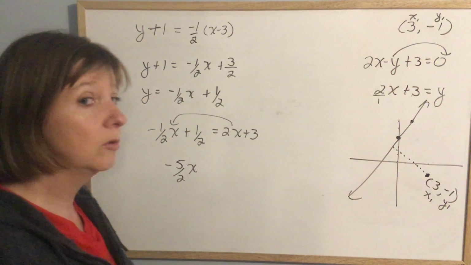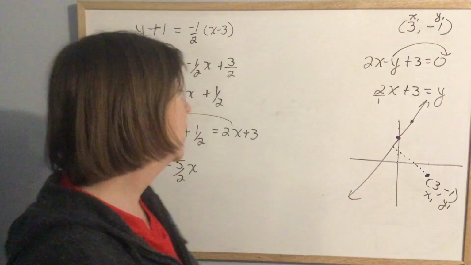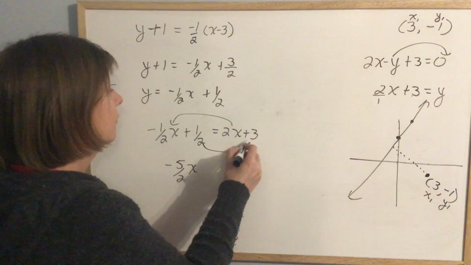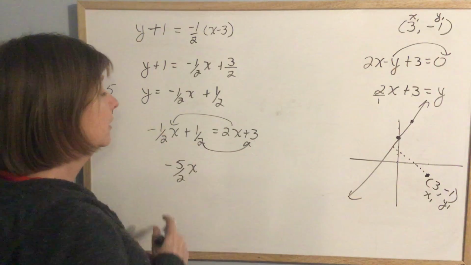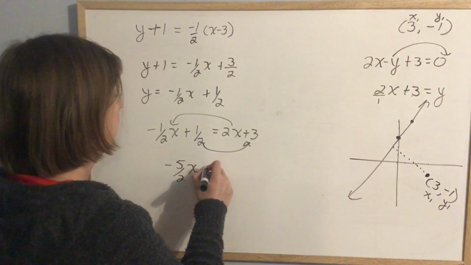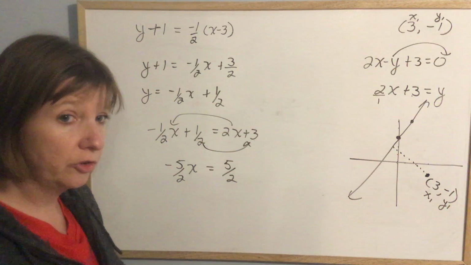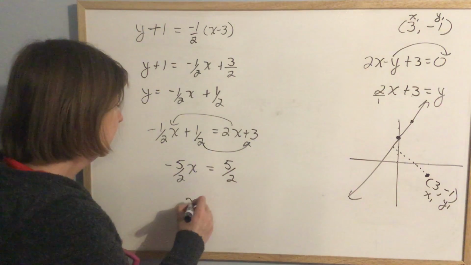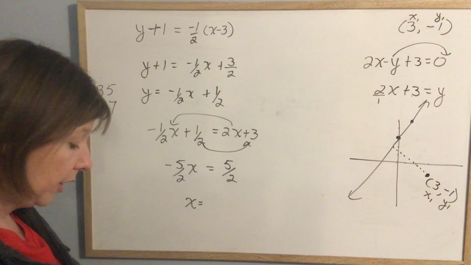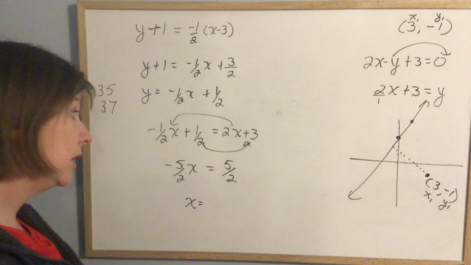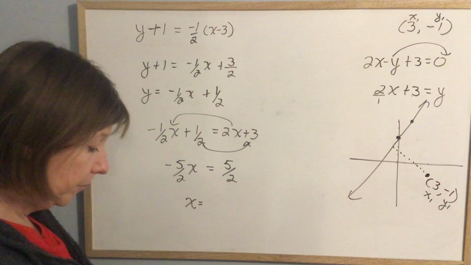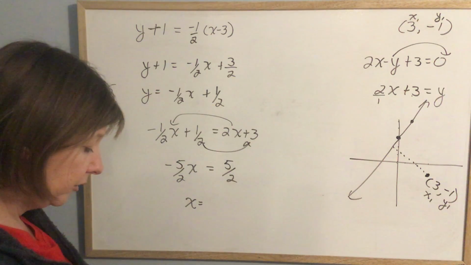Again, if you like decimals better, then make it negative 2.5. I'm going to move this over here, so it would be 3 take away 1/2, which would be 2.5, which again would be 5 over 2. So if I do 5 over 2 divided by negative 5 over 2, it should be negative 1. But I'm going to double check just to be sure.